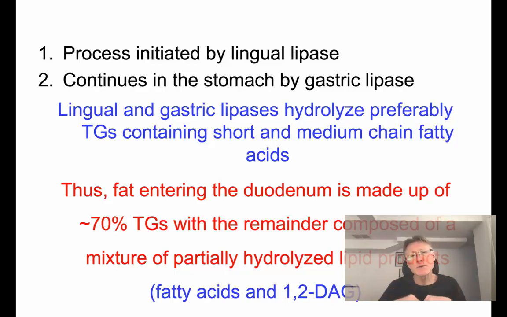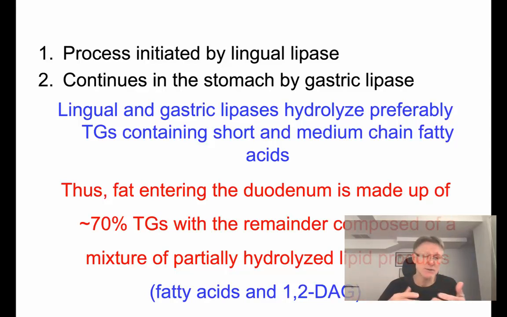Then the process continues in the stomach, because you also have gastric lipase. You swallow the food, and the food gets into the stomach. In the stomach, not only do you have hydrochloric acid, but you also have peptidases and gastric lipase. So that also continues the process of breakdown of lipids. Mostly we are talking here about triglycerides, which is the most abundant kind of fat in your diet.